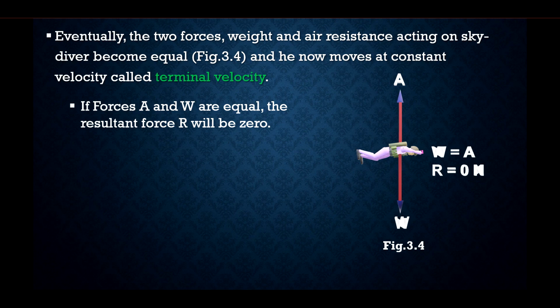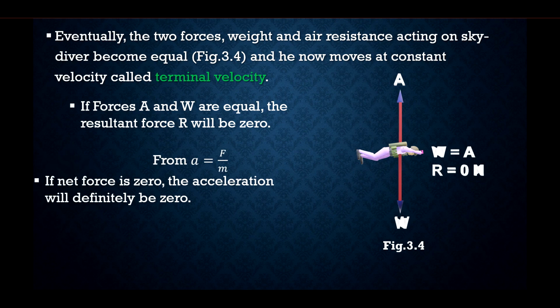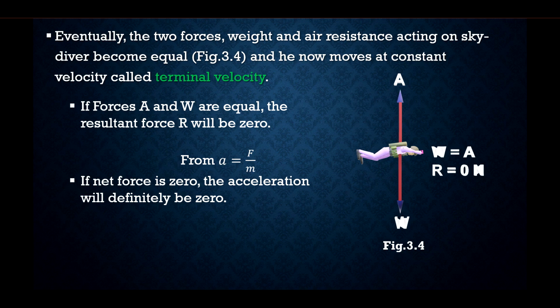From the formula, acceleration equals net force divided by mass. If net force is 0, the acceleration will definitely be 0. In a nutshell, as the skydiver falls, weight remains constant. Air resistance keeps increasing due to increase in speed.